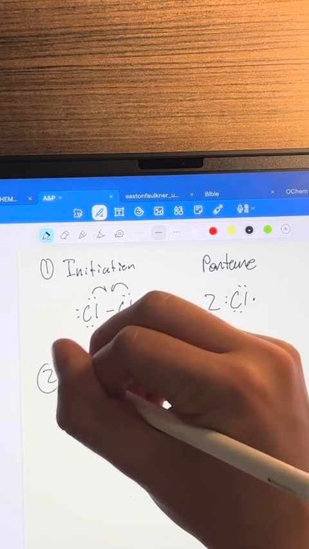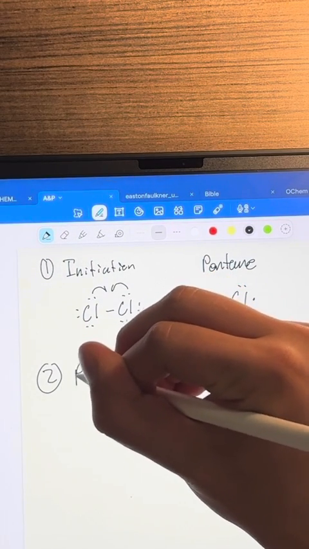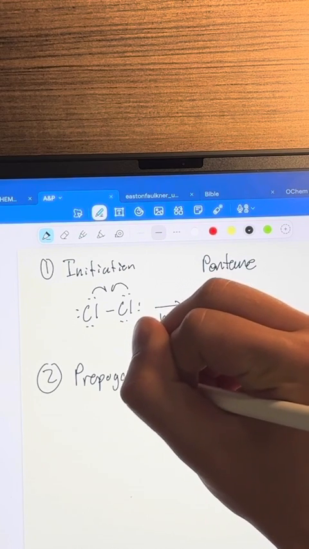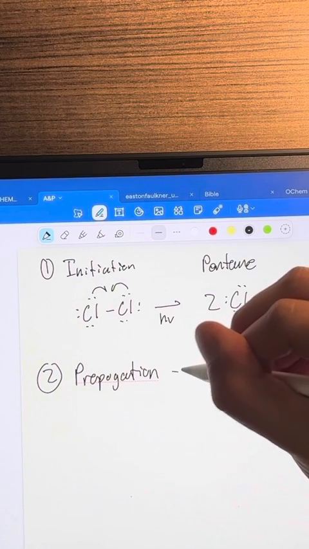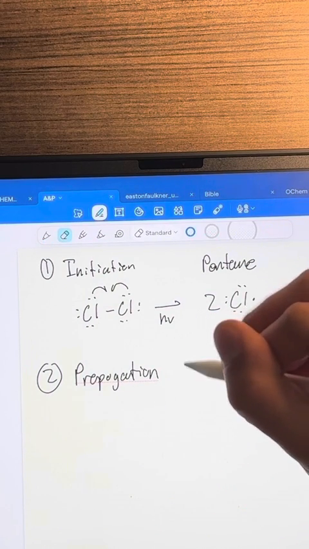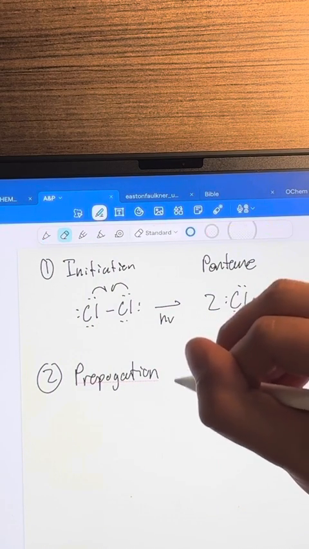Into step 2, which is called propagation. This is actually the product formation of what we're hoping to do in this reaction.